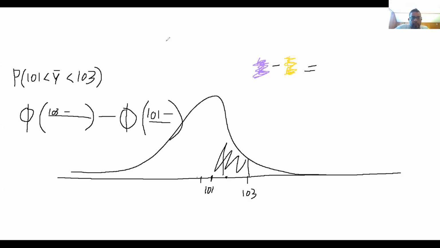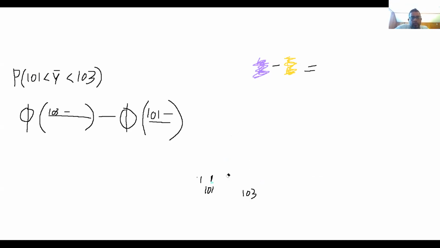Let me erase here. So here we have 100, and here we have the square root of 43 over 64.